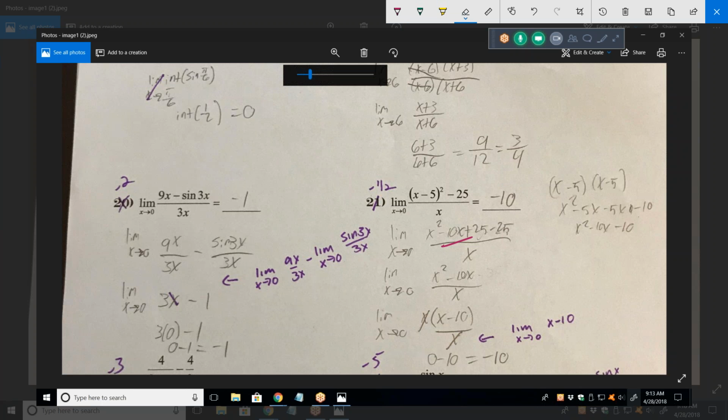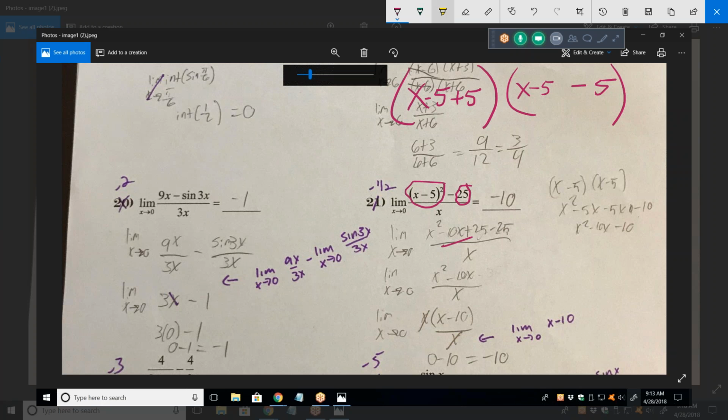That is difference of perfect squares. That's a perfect square. That's a perfect square. Let's separate it into x minus 5 minus 5 times x minus 5 plus 5.